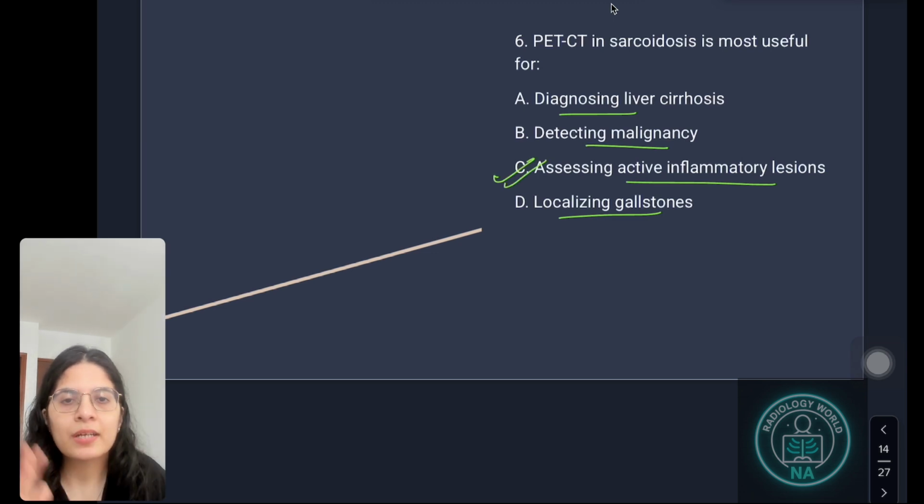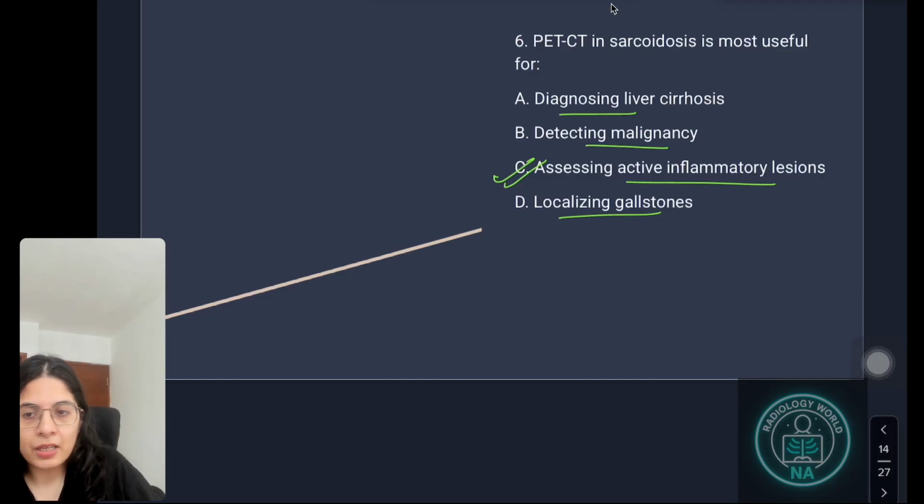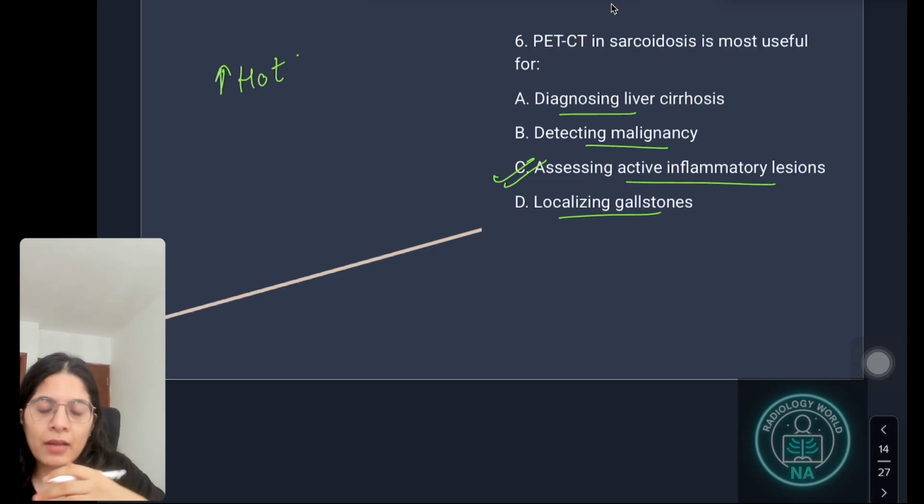We need to know whether it is active sarcoidosis or chronic, an old case. The more active the lesions, the hotter they will be seen on the PET-CT. The FDG avidity will be more in those granulomas where there is an active sarcoidosis lesion. So it is mainly used to see the active inflammatory lesions.